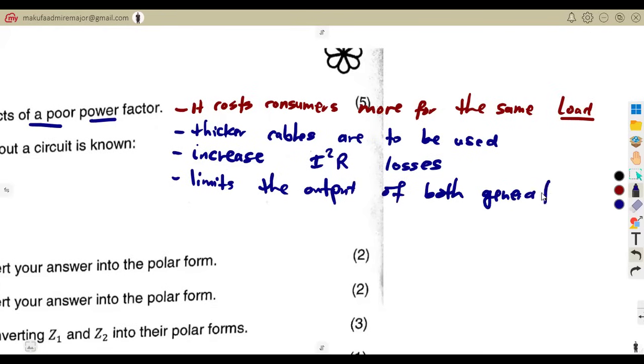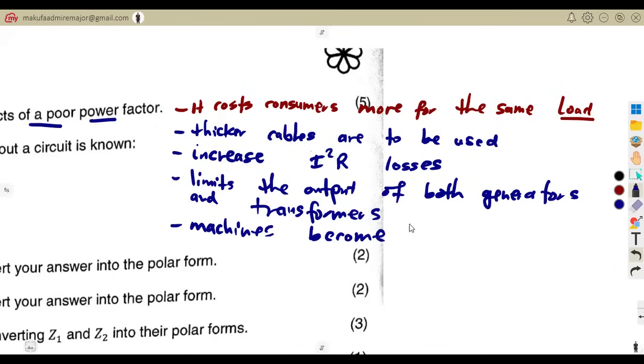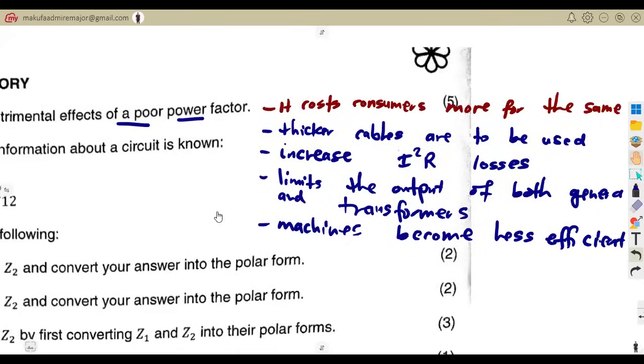You're supposed to consider that. And also machines become less efficient.